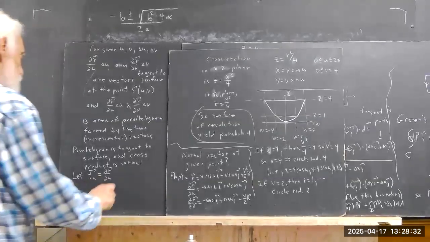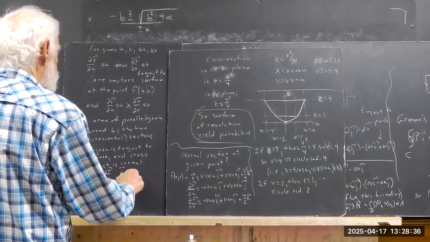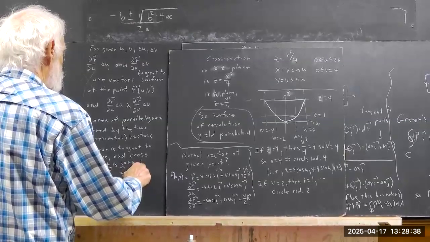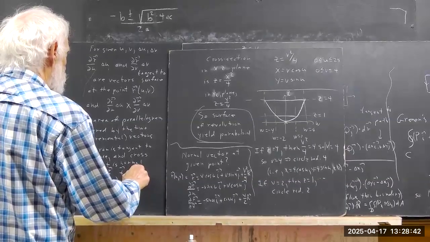T sub u is the partial of r with respect to u. Vector T sub v is the partial of r with respect to the parameter v.